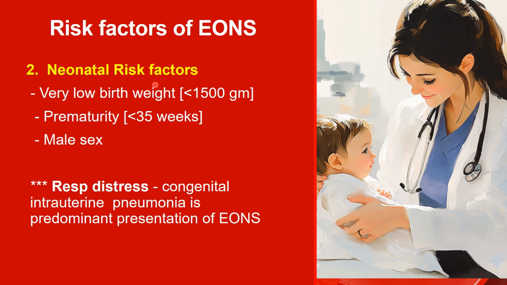Now the neonatal factors for the early onset sepsis can be very low birth weight babies with weight less than 1500 grams, prematurity with gestational age less than 35 weeks, and then male sex. And in early onset neonatal sepsis, respiratory distress is the most prominent clinical feature because congenital intrauterine pneumonia is the predominant presentation for early onset neonatal sepsis.